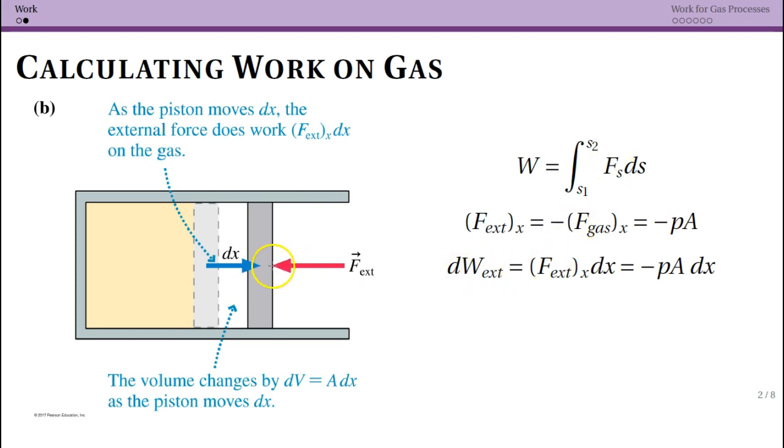So this is going to be as the piston is actually moving a really small amount. Okay? So we're going to have a really small amount that the piston has moved, and that's going to be dx. And so we can either think about this in terms of the gas expanding or the gas being compressed.